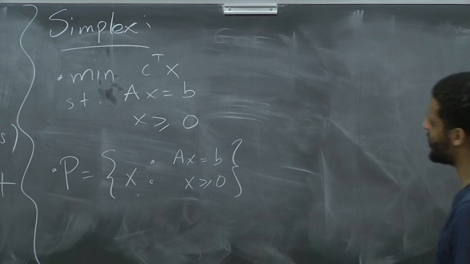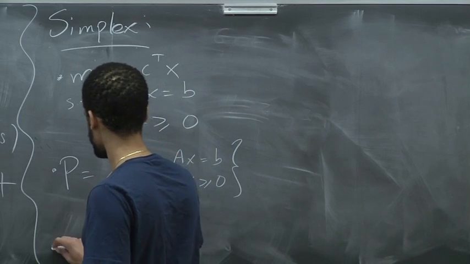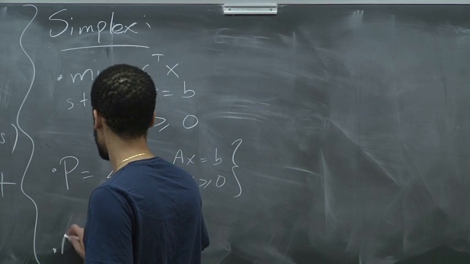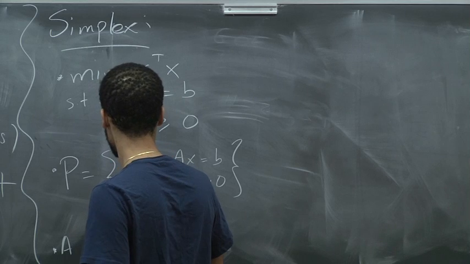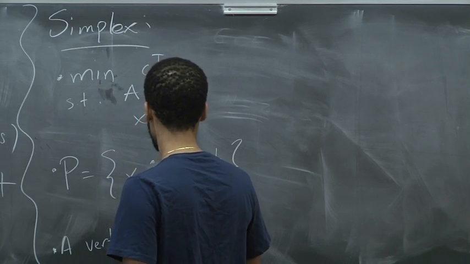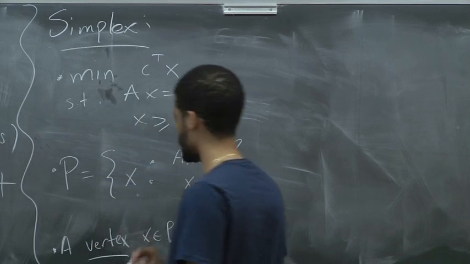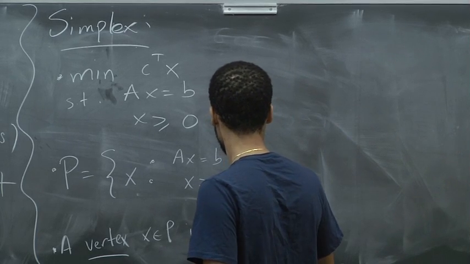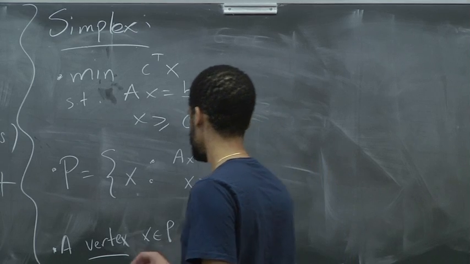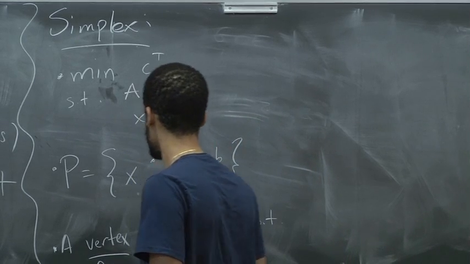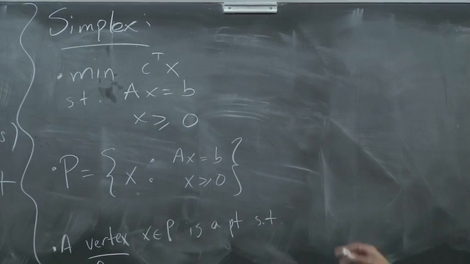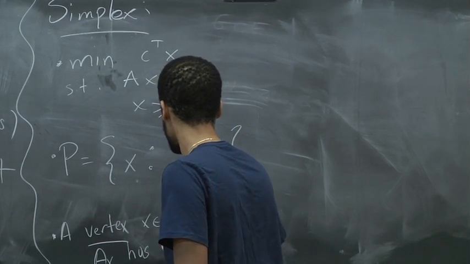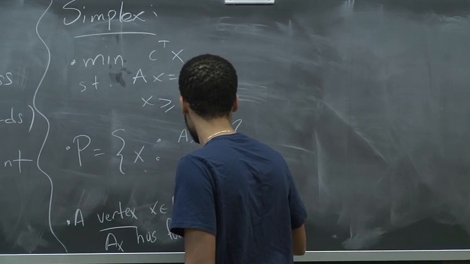Right? And we said that a vertex x in P is a point such that A_x, the submatrix A_x, I'll say what this means, has full column rank. So it has linearly independent columns.